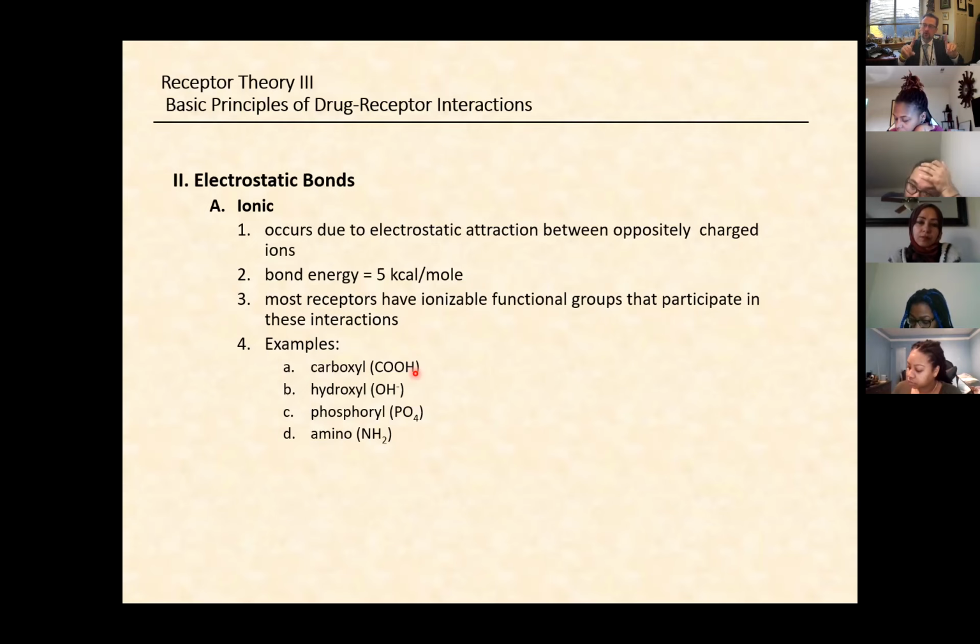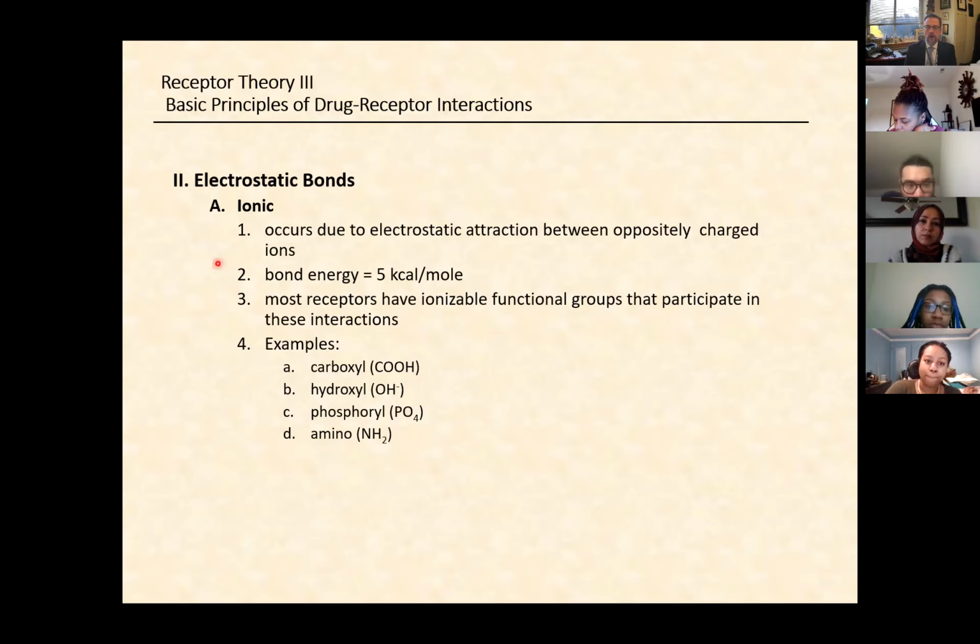Covalent and ionic bonds are some of our strongest types of bonds that form between two molecular species, and the distance over which that bond can form is fairly long. But as we get into those weaker bonds like van der Waals, hydrogen bonds, and hydrophobic interactions, those bonds only form over very short or small bond distances. The relevance of this will become very important for drug receptor binding in a few minutes.